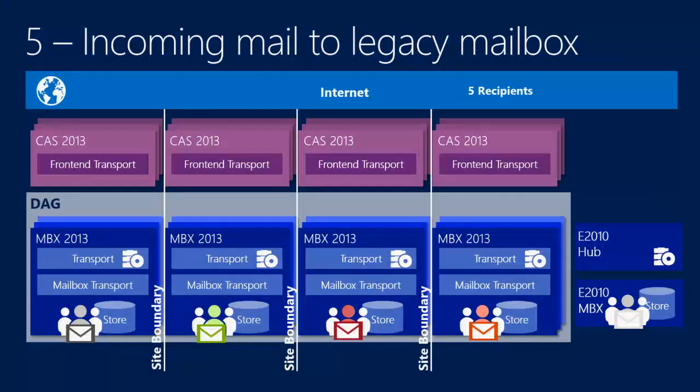It's the whole message stored in the queue, and it's just a copy. The active copy is the one that's actually going to be delivered to mailbox transport for delivery to the store. And then the shadow queue is just a secondary copy of the message. It's a copy of the whole message.